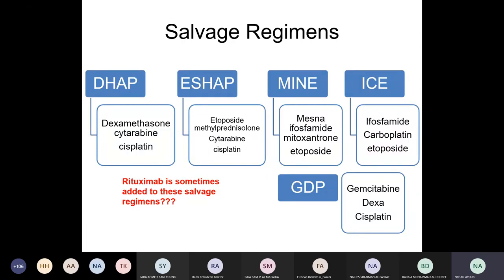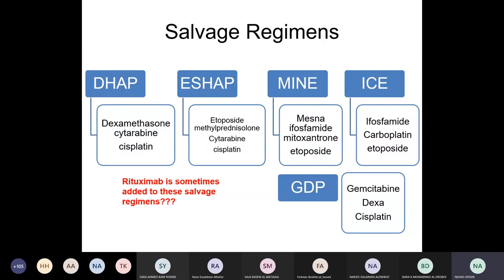طيب, is there any regimen superior to the other؟ يعني مثلا هلا بقدر أقول إنه ICE is better than GDP or that SHAP is better than DHAP. No. يعني بالclinical trials ما كان في one regimen that is better or superior in outcomes to the other. فبالتالي you can choose any one of these 5. طيب, how can I pick one of these 5؟ ترجع للأدوية الموجودة، للtoxicity profile، المريض شو بيقدر يتحمل، الcost، الinsurance and so on. فبالتالي we have many options.